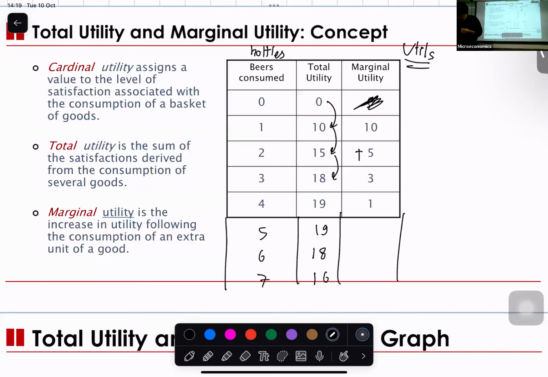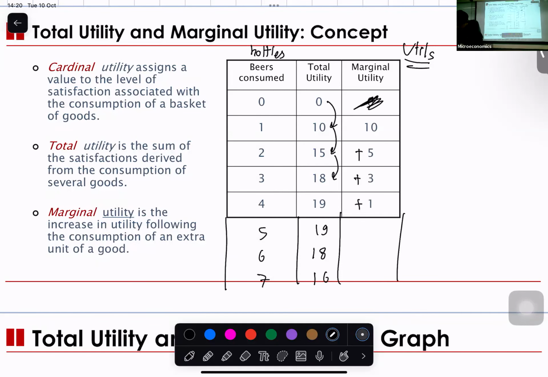The third bottle adds utility up to 18. So that means MU from the third bottle is plus 3. The fourth one, TU is 19. The previous TU is 18. That means the fourth unit contributes plus 1.